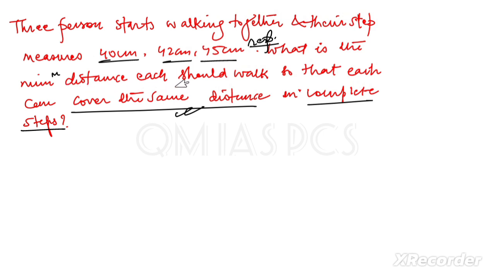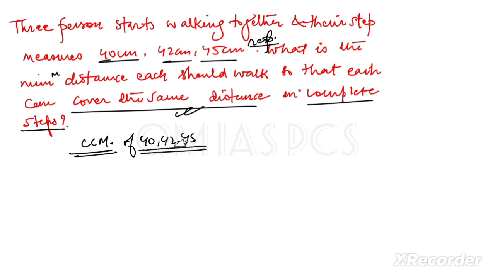Basically, try to think: do we have to find HCF or LCM? HCF is the highest common factor. Here we have to find the LCM of 40, 42 and 45. How to find this one?